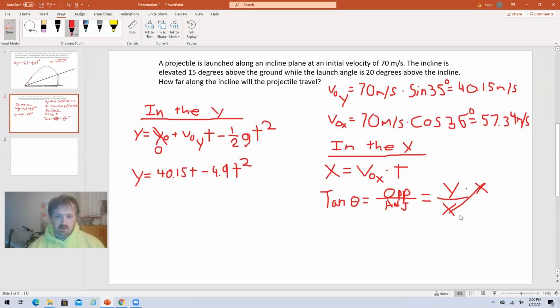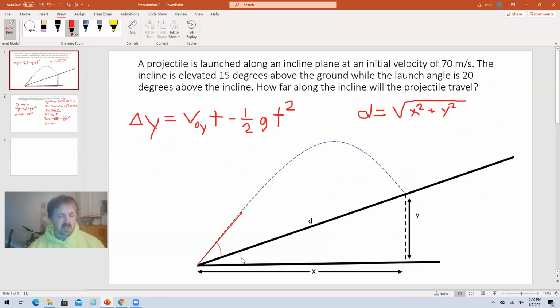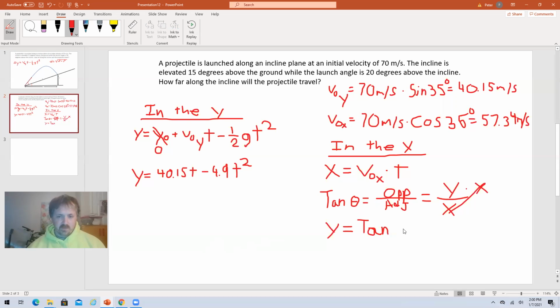And this cancels out, and we have now another equation for y. y is going to equal the tangent of, in this case, 15 degrees, multiplied by x, which we've already agreed is v naught x t.